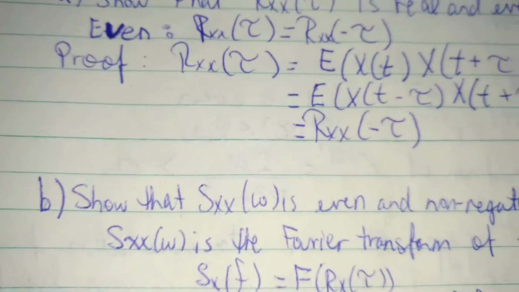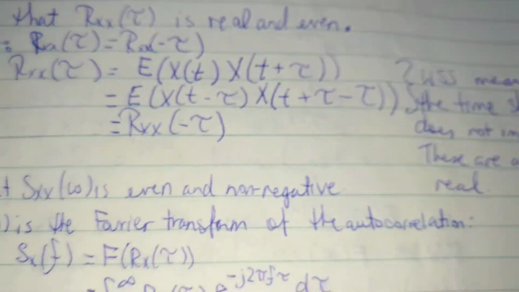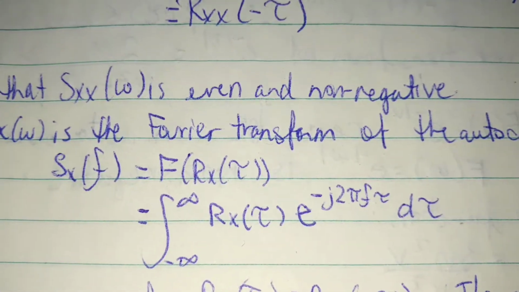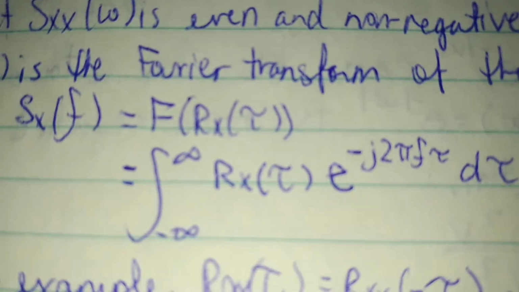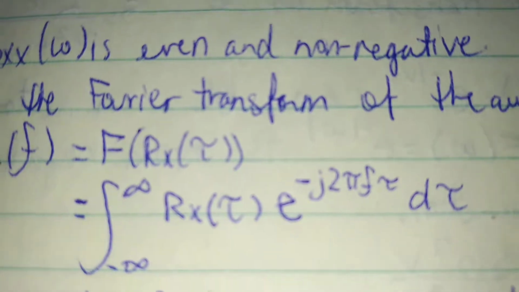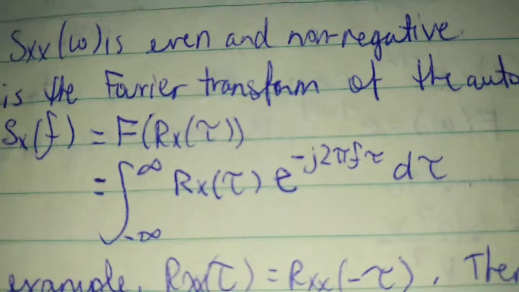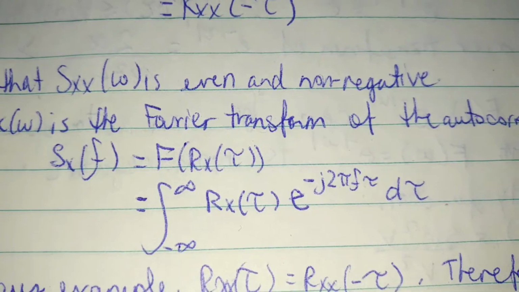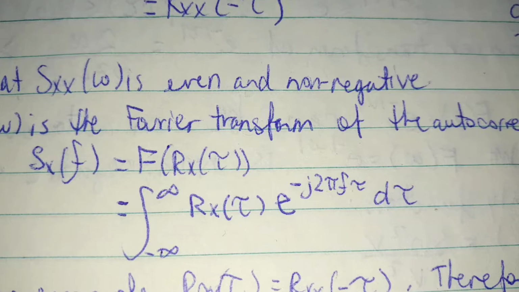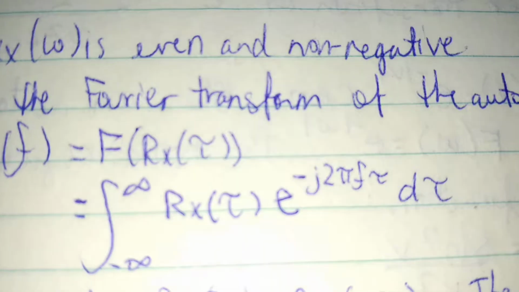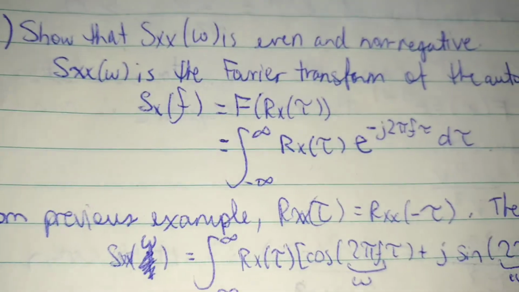The spectral density is the Fourier transform of the autocorrelation, and that's another way to rewrite it, where I subbed in f for omega. So we have the integral from negative infinity to infinity of the autocorrelation tau times e to the negative j times 2 pi omega, or f, times tau d tau.